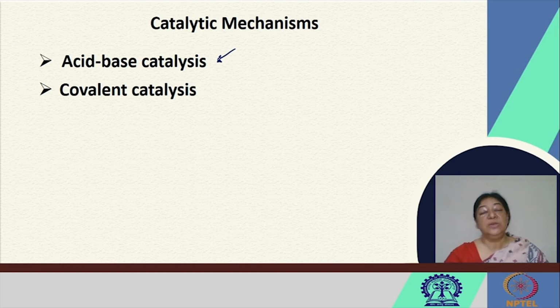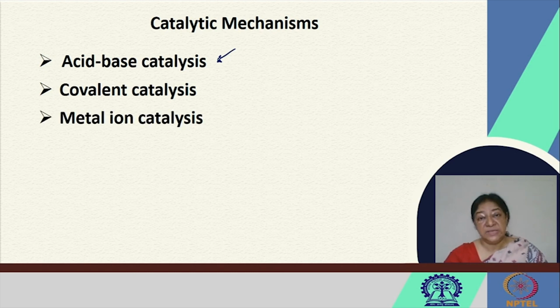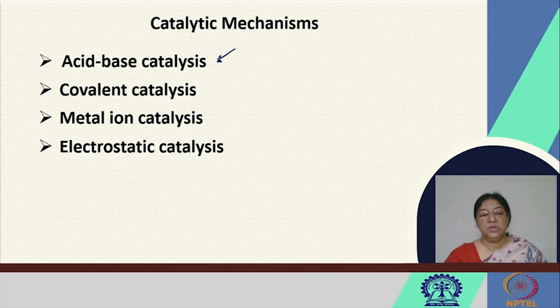We will also look at covalent catalysis, where in specific cases there are non-covalent interactions, as we mentioned, in the formation of the enzyme substrate complex. In some cases, there is covalent catalysis, which we will see in subsequent lectures. There is metal ion based catalysis, which we will look at specific examples to see how the specific reaction can occur in the biochemical process.